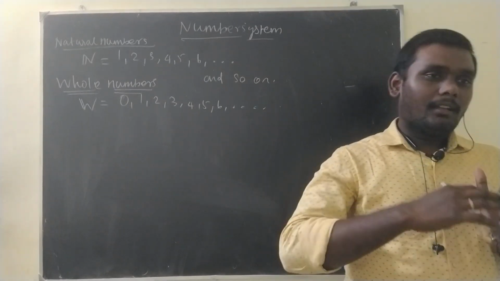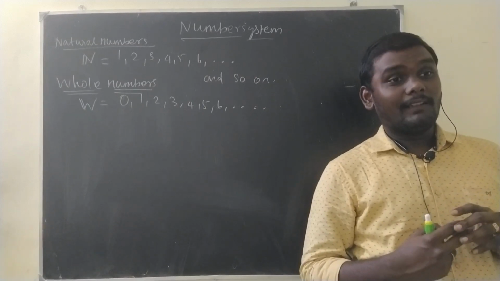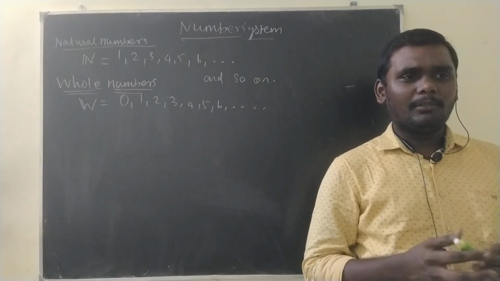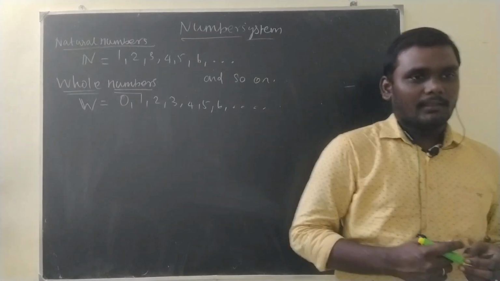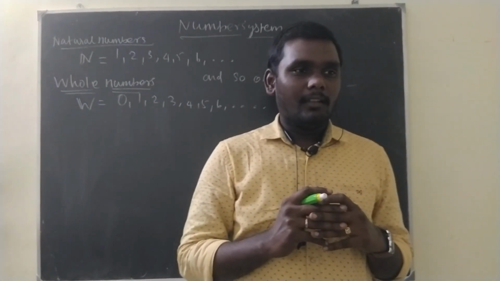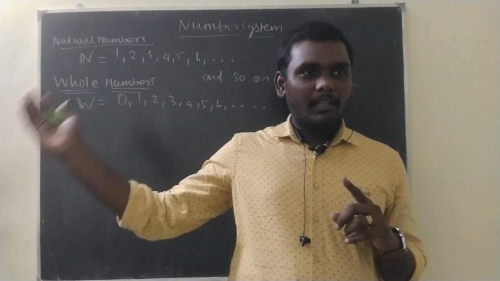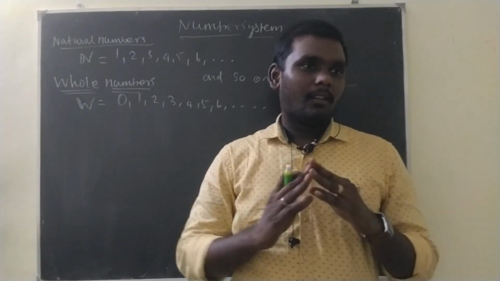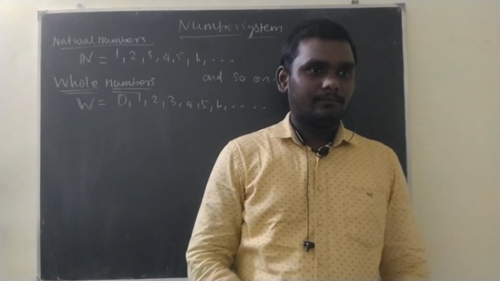So to include that also in the numbers, we use negative numbers. How can a negative number say the direction? For instance, I am standing in the middle of your screen and I say I move 4 steps. To the right we will take as positive. To the left we will take as negative.